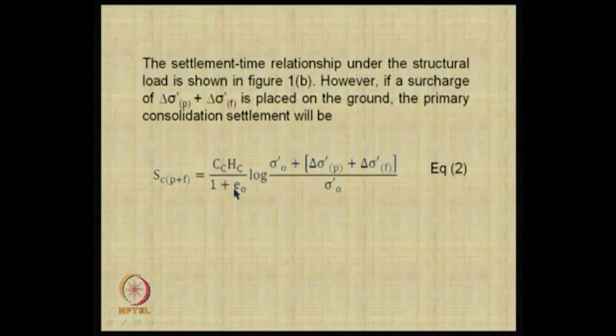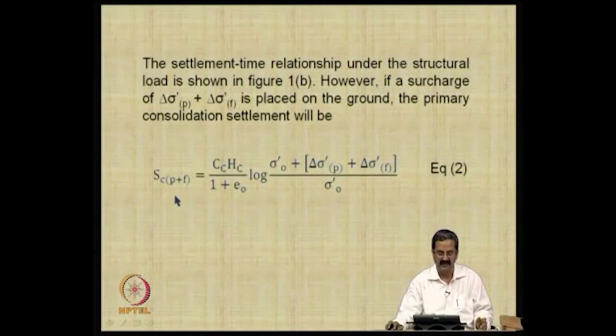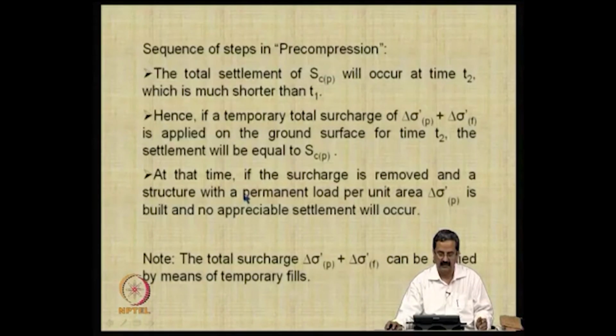Now, if you have extra load, you have a higher load, and of course e naught is the initial void ratio of the sample, or the void ratio at that particular depth. Our objective is that the total settlement should occur within time T2, which is much shorter than T1, so we apply a temporary surcharge on the ground surface for the time T2.